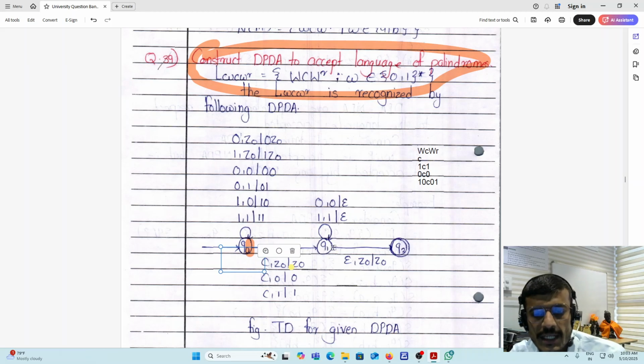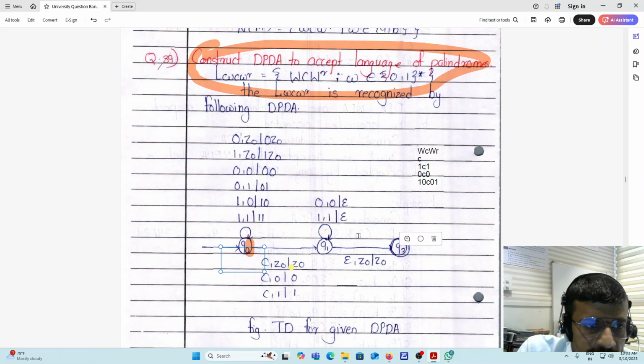Now once you reach Q1, there is nothing to read from the given tape, because C is the only symbol. So you read null with top of the stack Z0, keep that Z0 as it is, and go to the accepting state. So that is the first scenario, that is for C.